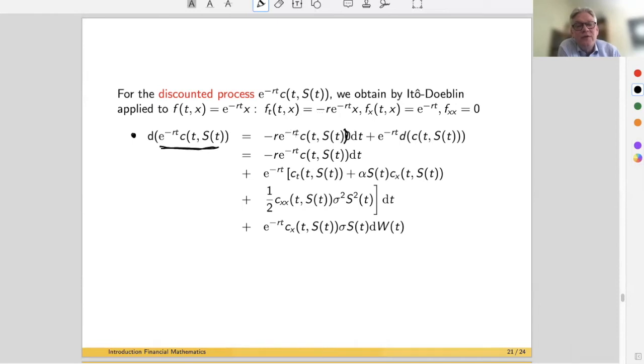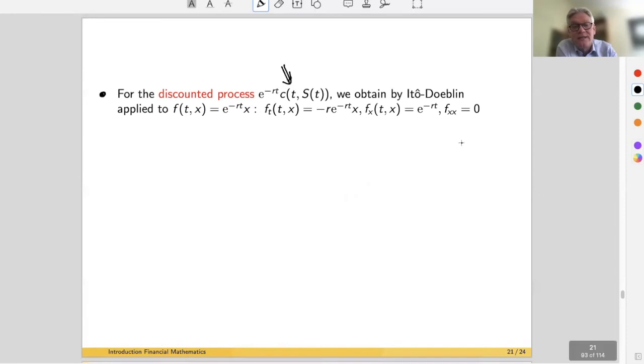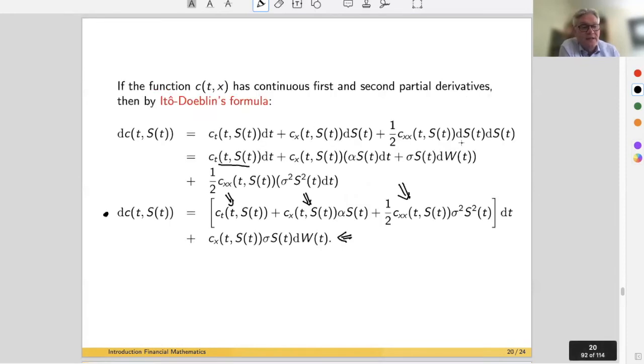Here we see the first derivative appear. Here we have e to the power minus RT dC of T and S_T, and dC of T and S_T we have just computed in the previous slide. Here you see it. So this we can substitute: dC/dt, dC/dx, second derivative, a dt term, and a dC/dx dW term.